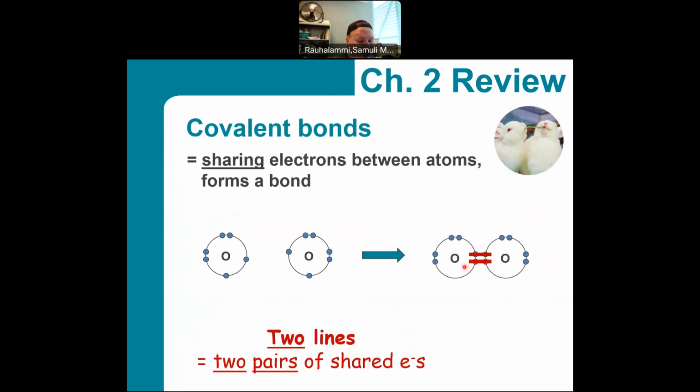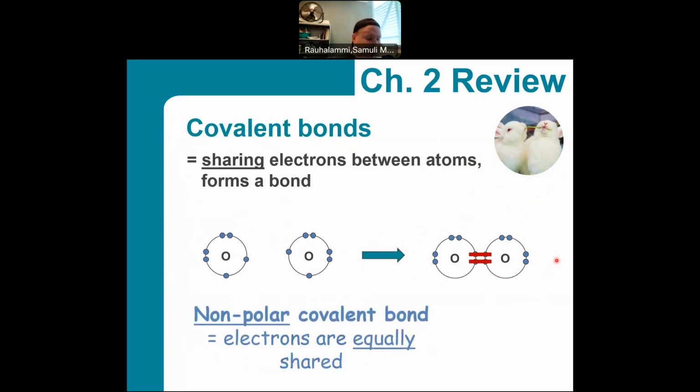So now that we're sharing 2 pairs of electrons, we're drawing 2 lines between these particular atoms. So again, you're learning that chemical shorthand, that 2 lines in a chemical formula of a molecule will tell you that there are covalent bonds, and now rather than having just one pair, there are actually 2 pairs of electrons being shared between these atoms.